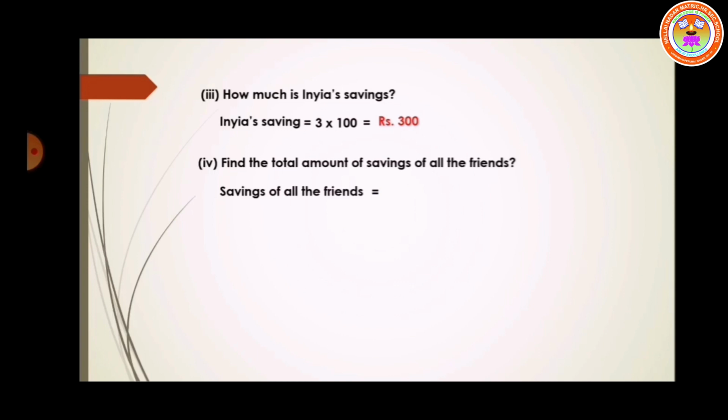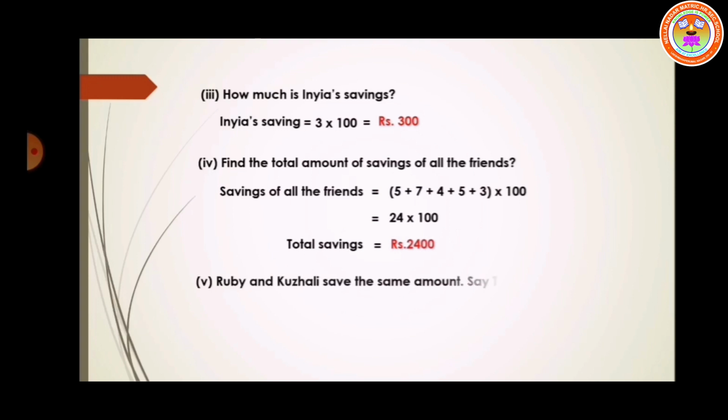The total is 24, so you have to write 5 plus 7 plus 4 plus 5 plus 3. 1 piggy bank represents rupees 100, so multiply by 100. 24 into 100 is equal to the total saving, rupees 2400.